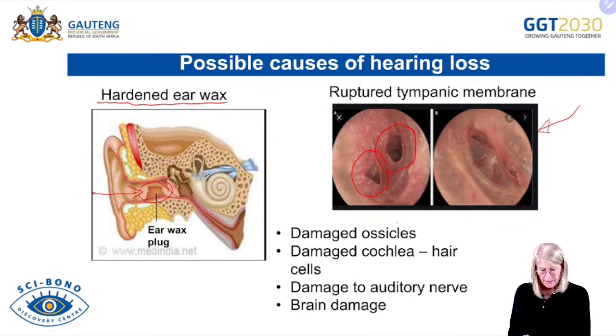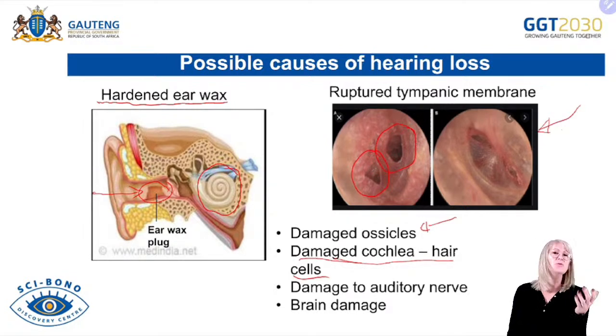Other reasons can be damage to the ossicles, those little bones in the middle ear. If they become fused, we're also going to have hearing loss. Also the hair cells in the organ of Corti in the cochlea could be damaged. Loud sounds cause them to become damaged, and you lose cells in your cochlea.